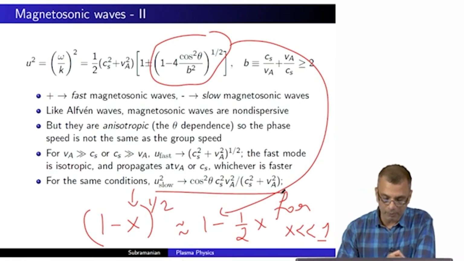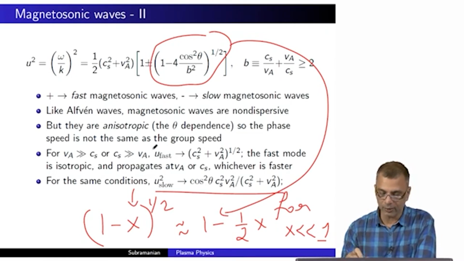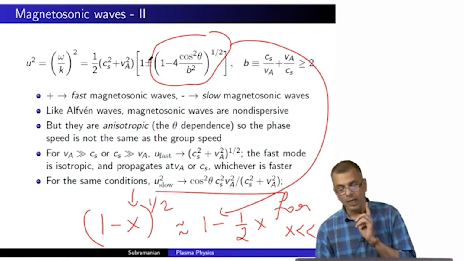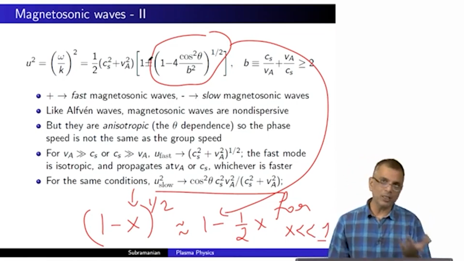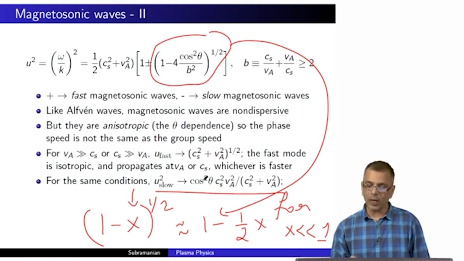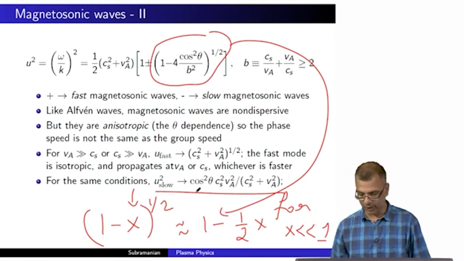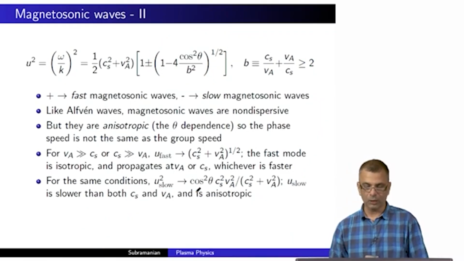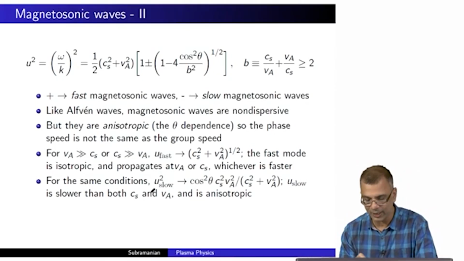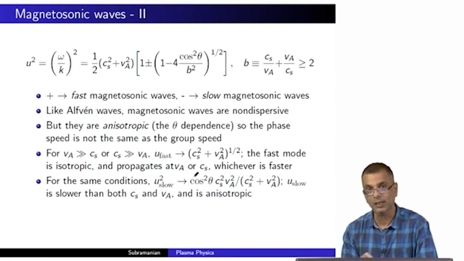Okay. So the only difference is that in this case you are taking the minus sign, whereas for the fast magnetosonic speed you were taking the plus sign. That's the only difference, but that makes all the difference in the world when it comes to, for instance, anisotropy. Okay, no matter what, the slow magnetosonic waves are still anisotropic. Okay, and what's more, U slow is slower than both Cs and Va because of this cosine theta term.